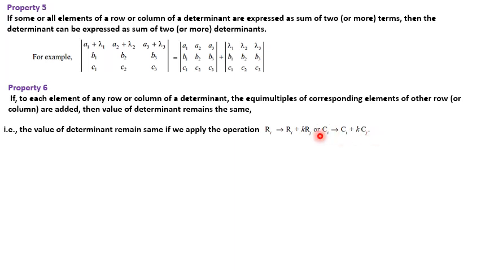The same operation we can do for a column also, that is Ci changes to Ci plus k into Cj. This one is a little bit difficult to understand, but later on when you apply it in determinants, it will be easy for you.